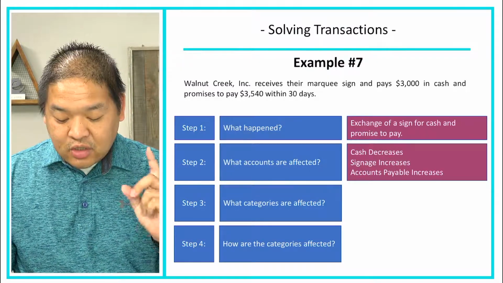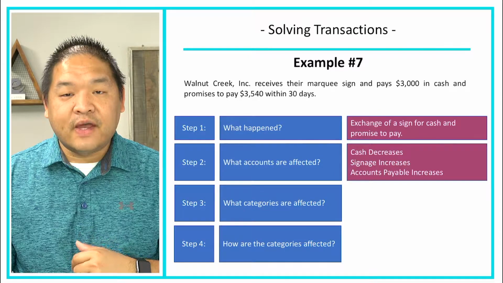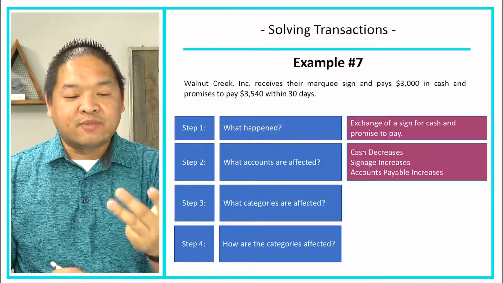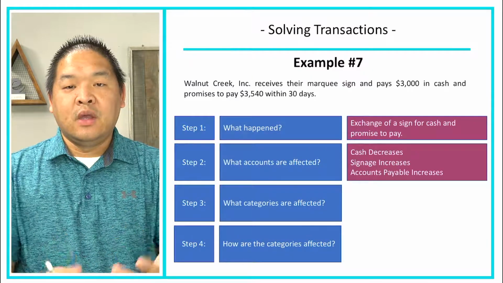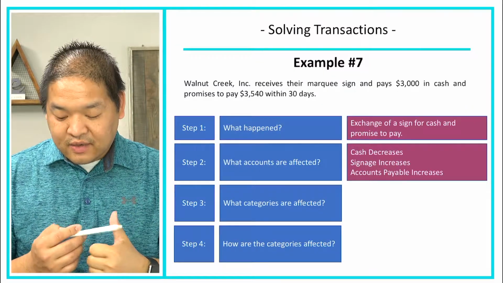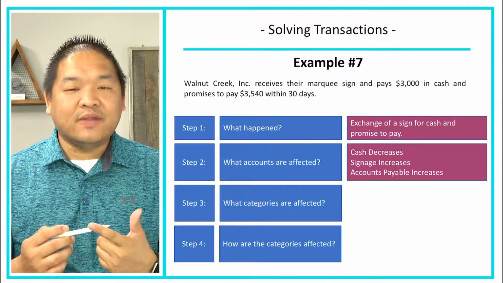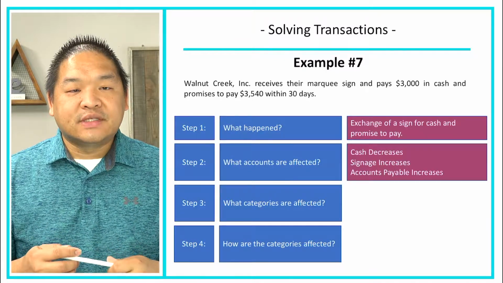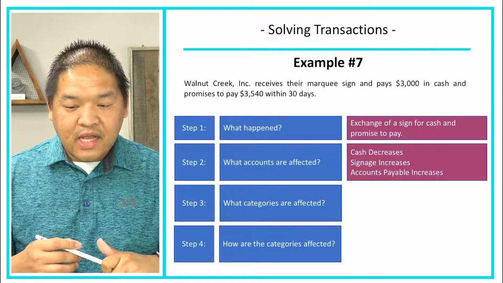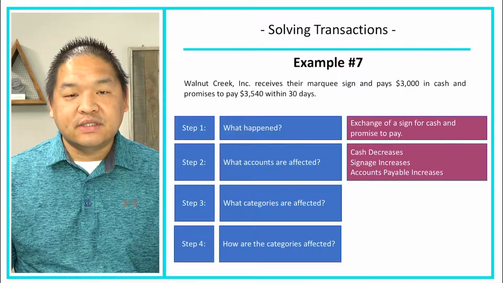All right, so moving on to step 3, what categories are affected? So what is cash? Is it an asset, liabilities, owner's equity, expense, dividend, or revenue? Well, we said that cash is always an asset, so cash is an asset. What about the signage? Well, can it yield future benefits?